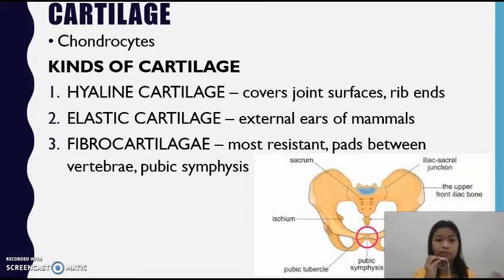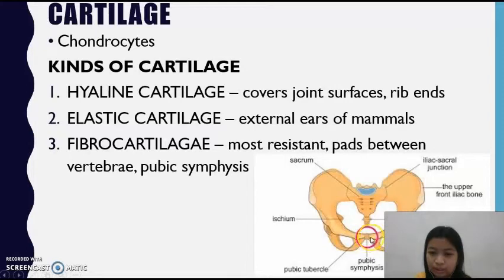Next, number 3 is the fibrocartilage. Ayan, so mali yung spelling ko dyan. Fibrocartilage, it is the most resistant. It is the pads between the vertebrae, so especially in pubic symphysis. So, saan ba yung pubic symphysis? Ayan, so ito, sana nakikita nyo itong picture. Ayan.